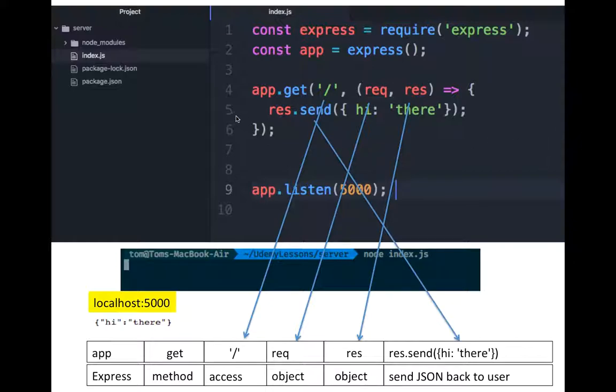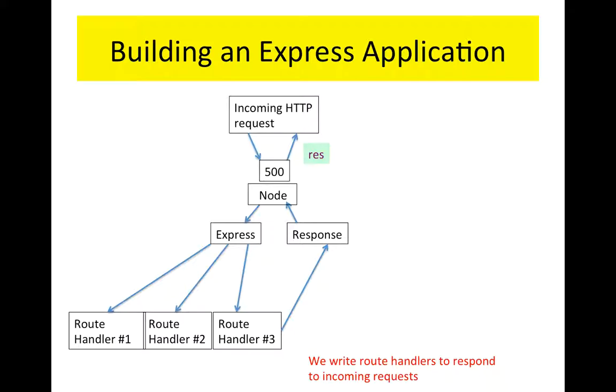Then we have our res.send, and we're sending a little bit of an object here, or a kind of JSON object almost. It's almost a hash, isn't it, really, with hi and there. So this sends JSON back to the user.